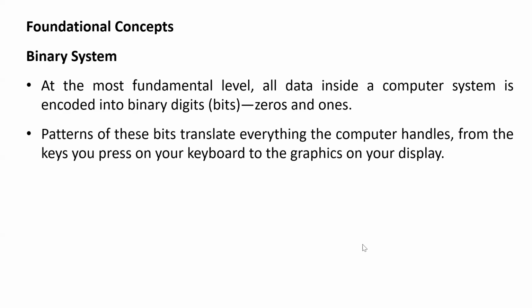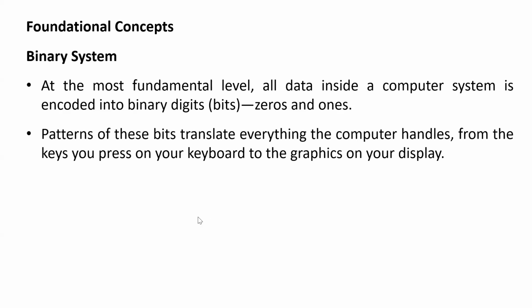So we're looking at some foundational concepts. A computer understands binary language. Binary languages are in zeros and ones. So for the computer, no matter the word, no matter the text or the video that you give, it can only understand it in zeros and ones. So these patterns will now translate into everything that the computer can handle.